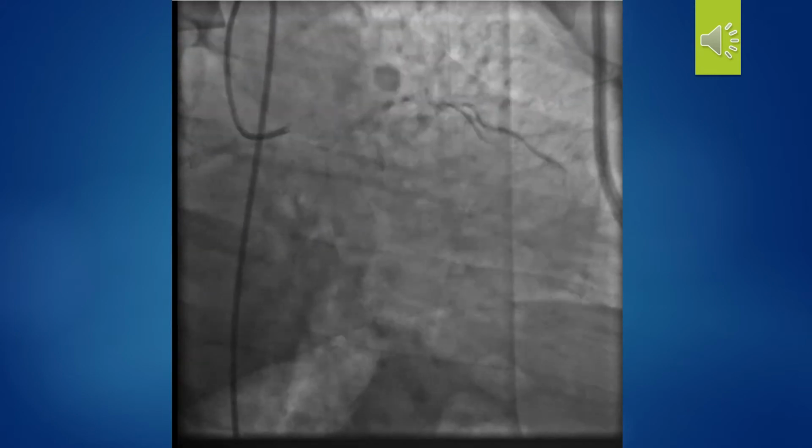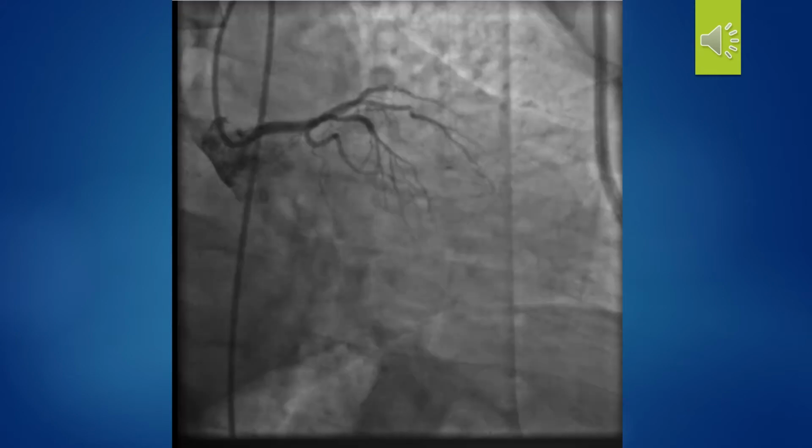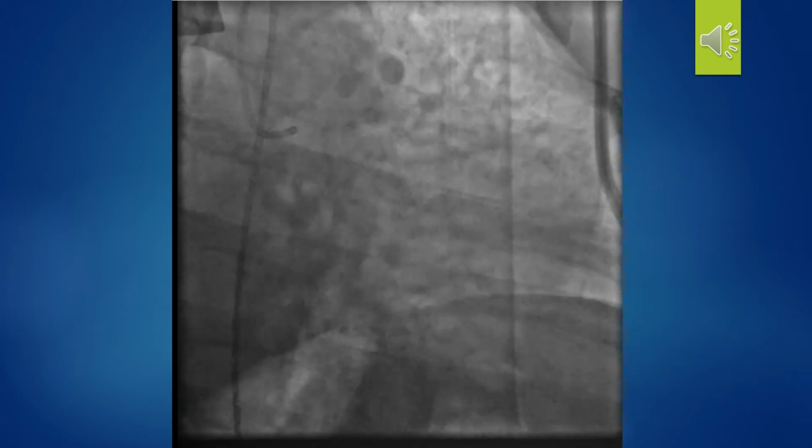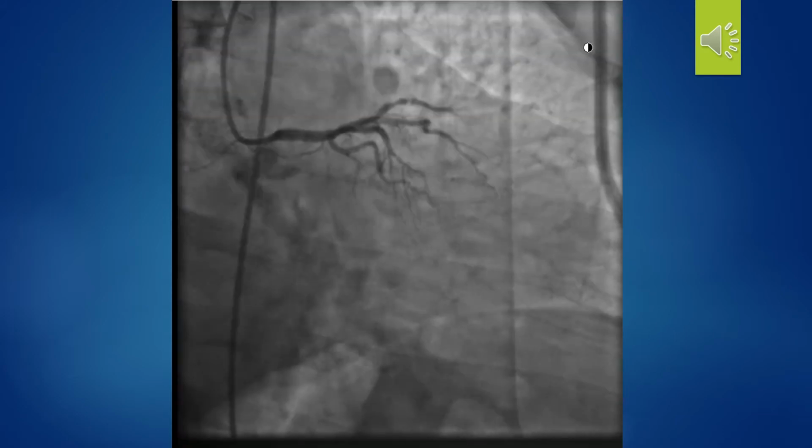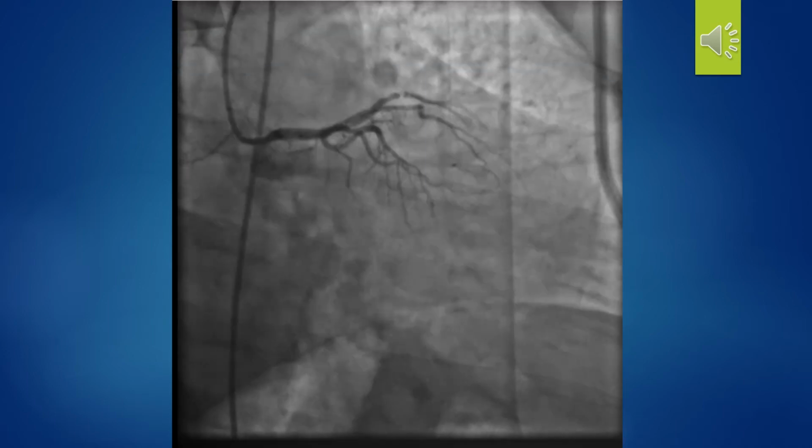We used a 5 French JL4 catheter to engage the left main coronary artery. The angiogram showed completely occluded mid LAD with TIMI 1 flow to mid to distal LAD and the diagonal branch.